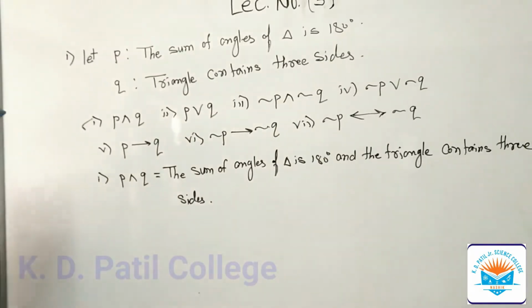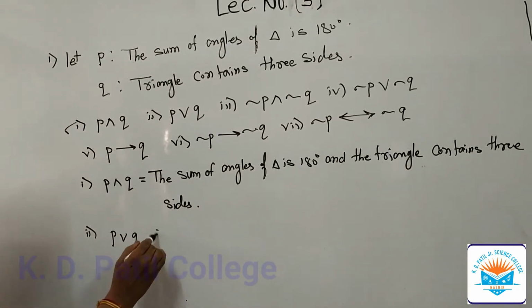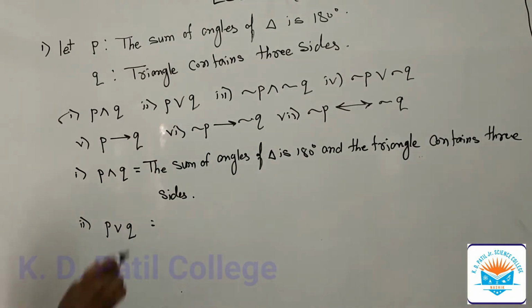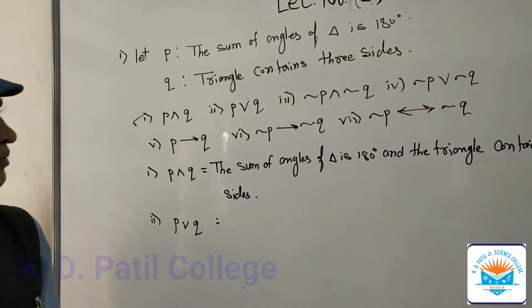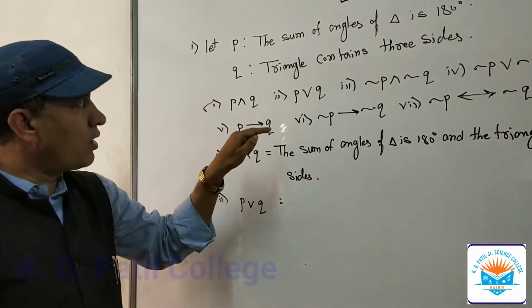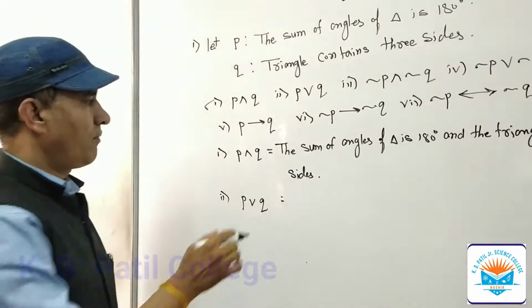Now second, P disjunction Q. We have to write or. The sum of the angles of a triangle is 180 degree, or a triangle contains three sides.